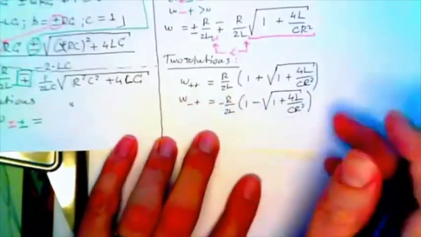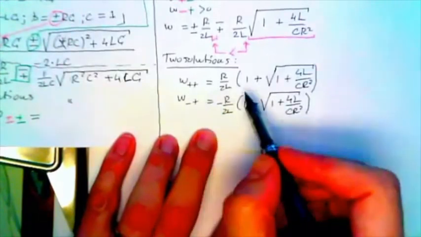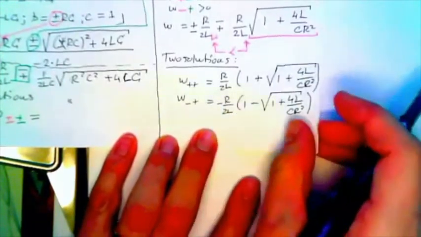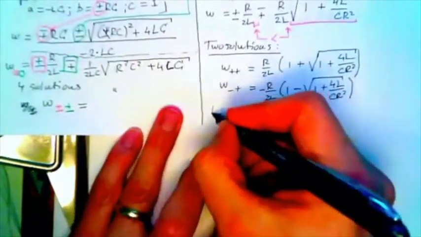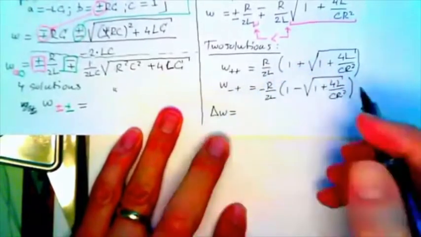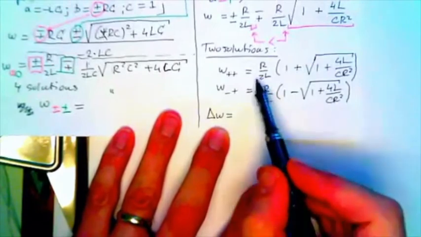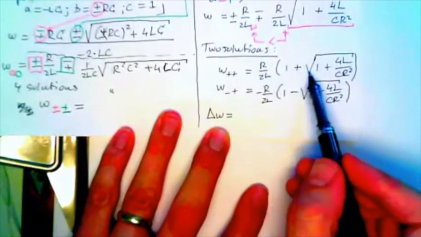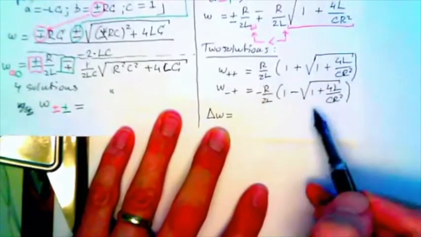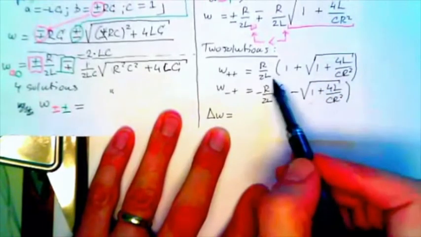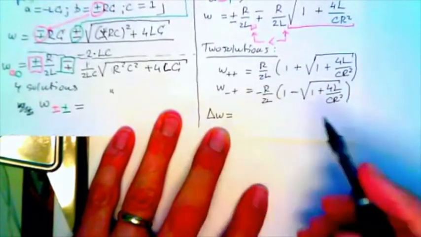So you have 2 frequencies. And now what's the difference? Well, the difference is actually quite interesting to see, because if you subtract this term from this term, this is canceling and this one stays.